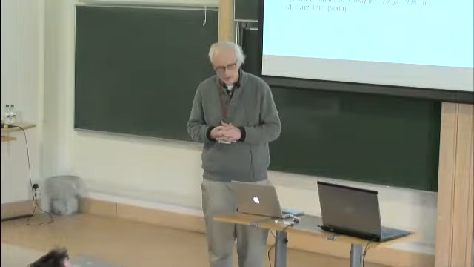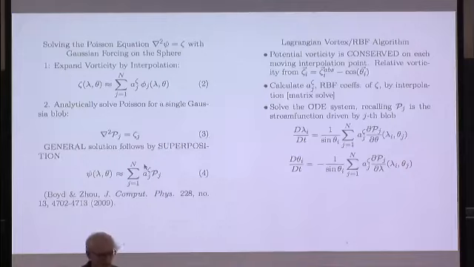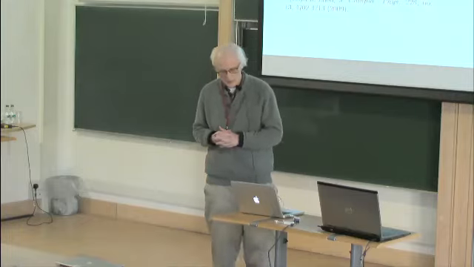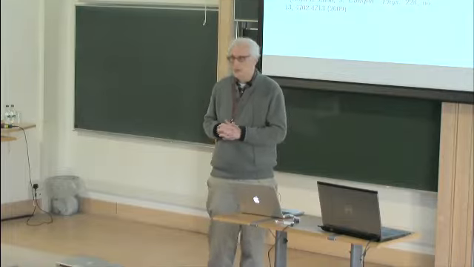We end up with a system of ODEs in time to describe the movements of the centers of each blob. And to calculate these, we have to take the stream function and then we differentiate it to get the usual velocities.